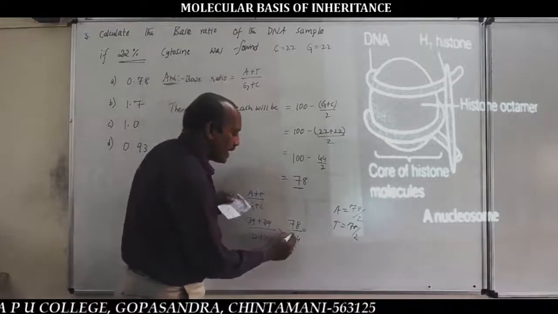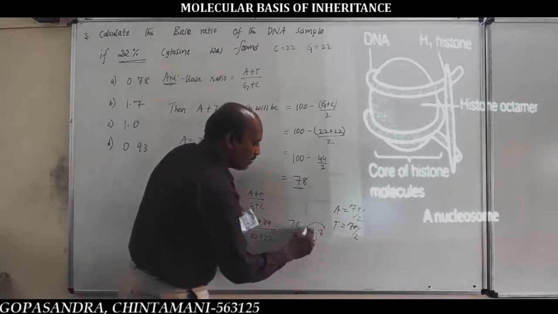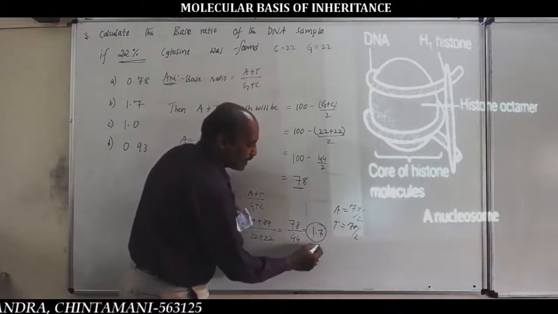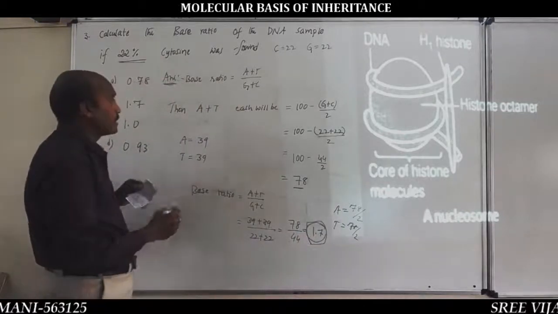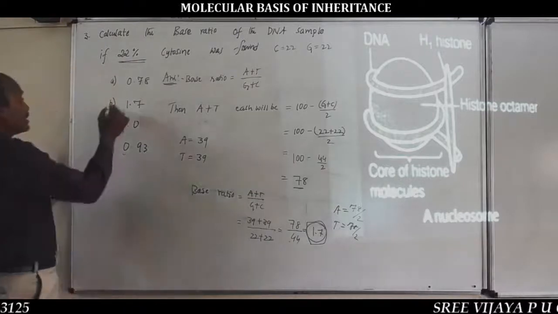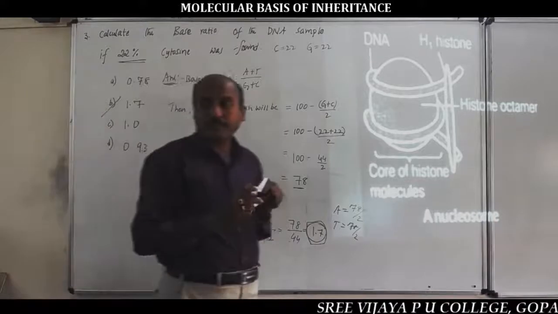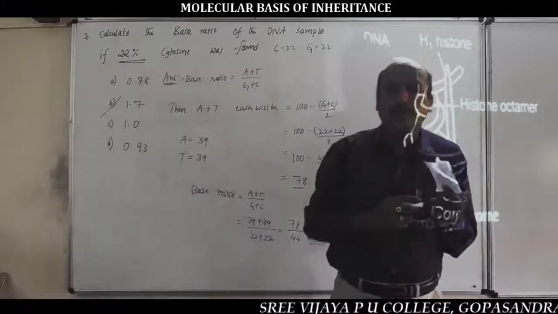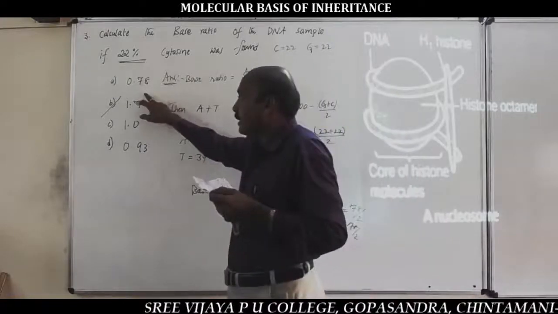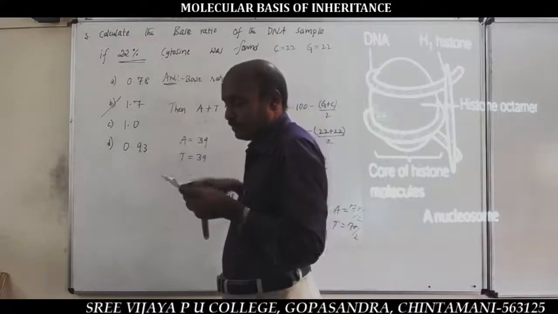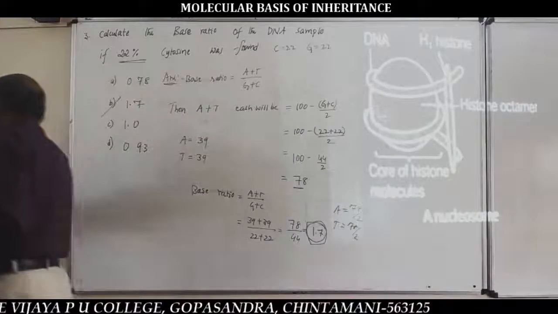After division, you get the answer 1.7. So the right answer is B, 1.7. If the double stranded DNA contains 22% cytosine, the base ratio is 1.7.